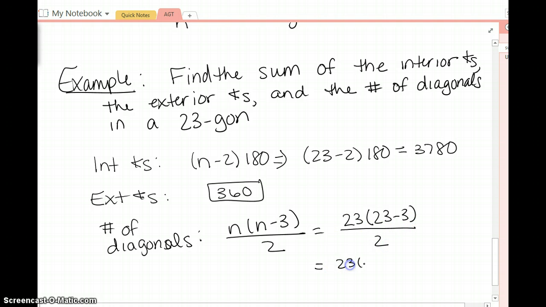So that's 23 times 20 over 2, and that gives me 230. So these are the 3 formulas you need to know. Sum of the interior angles is n minus 2 times 180. The sum of the exterior angles is 360, and the number of diagonals in an n-gon is n times n minus 3 divided by 2.